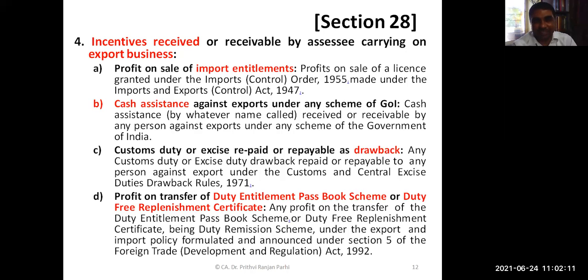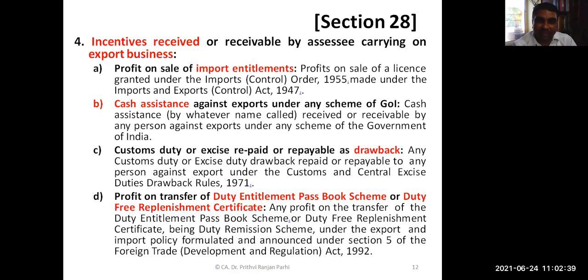be treated as income. The fourth point for this export business is profit on transfer of DEPB, that is Duty Entitlement Passbook Scheme. This is again a scheme where the government gives benefits. If you export, you are eligible to take some credit of duties, which can be utilized. If you are using it, fine. If you are not using it, you can transfer it to some other person also.